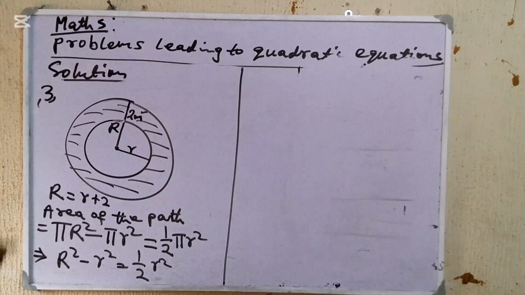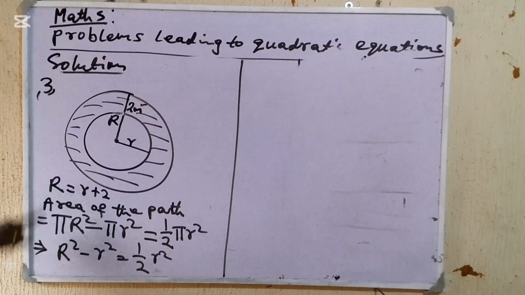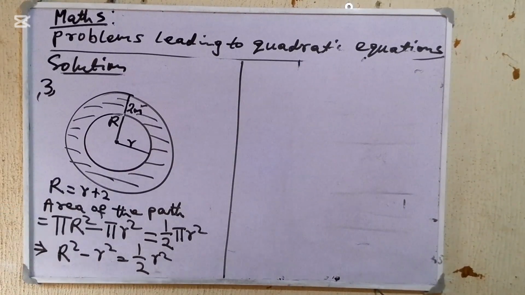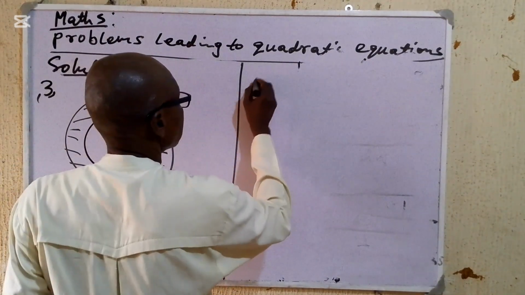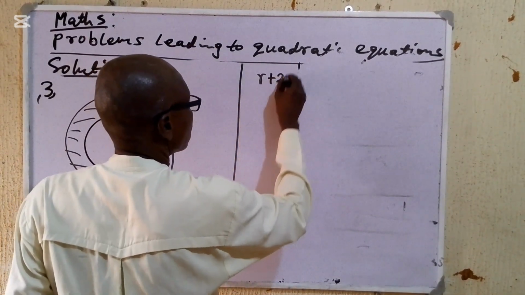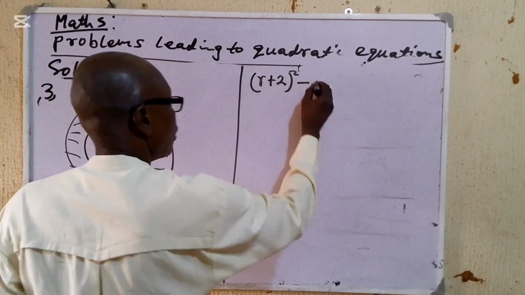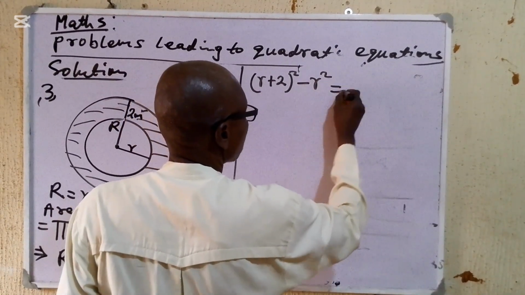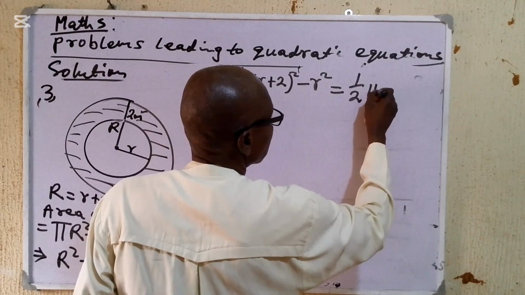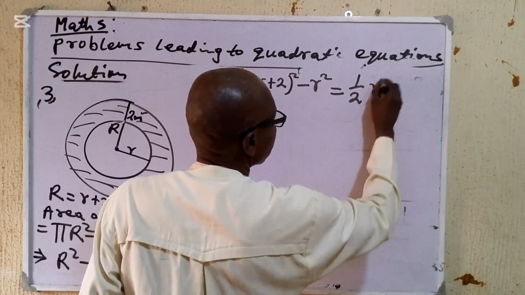But from here, we know that capital R is small r plus 2. So that means we have small r plus 2, all squared, minus small r squared, equal to 1 over 2 R squared.